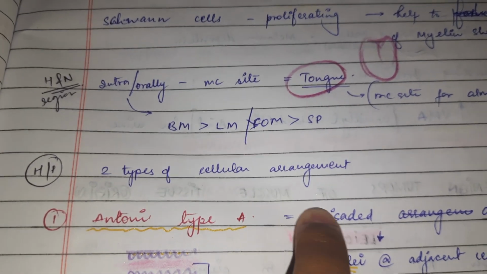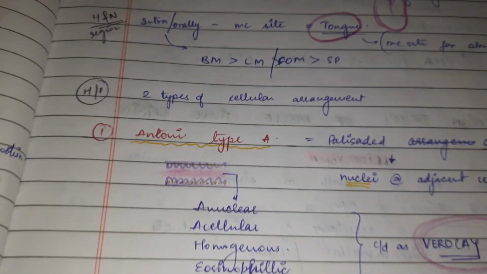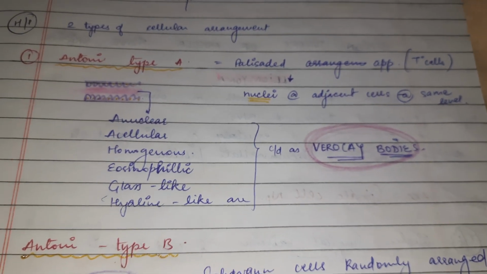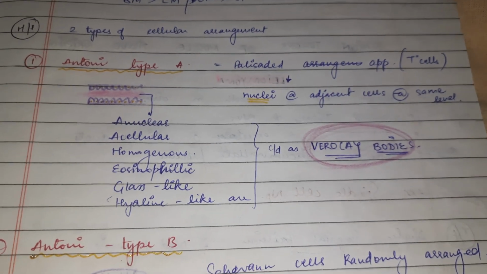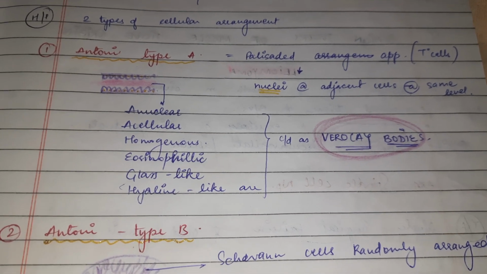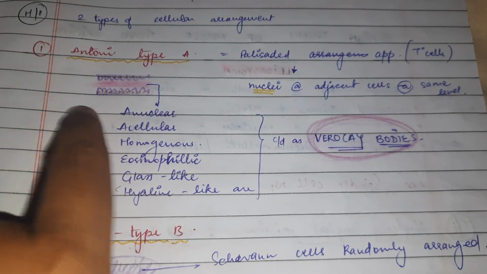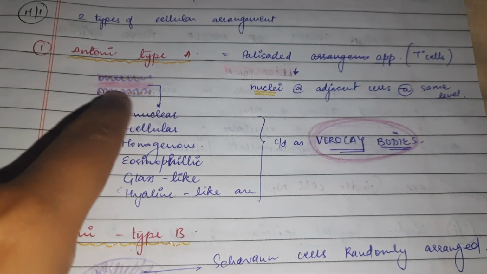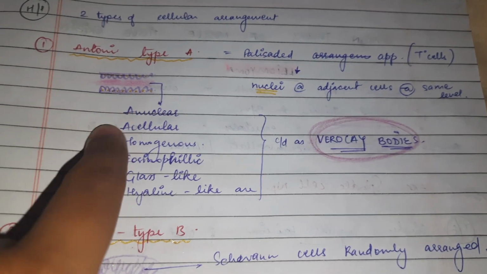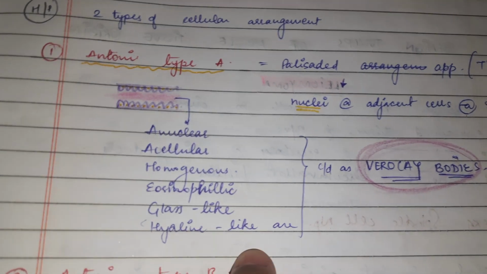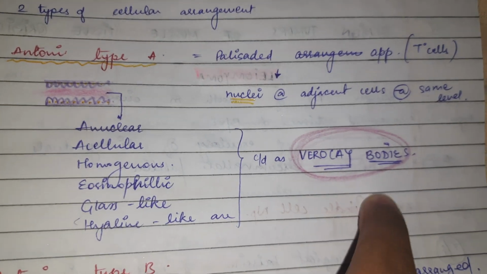Histopathology shows two types of cellular arrangement, Antoni type A and Antoni type B. In Antoni type A, there is a palisaded appearance, with nuclei of adjacent cells at the same level. The empty space between the cells is a clear, acellular, homogeneous, eosinophilic, glass-like island called Verocay bodies.